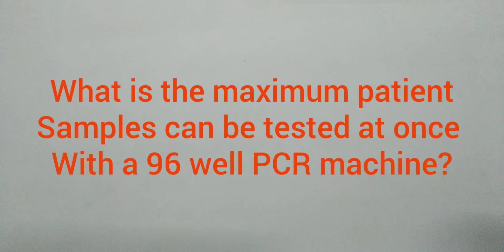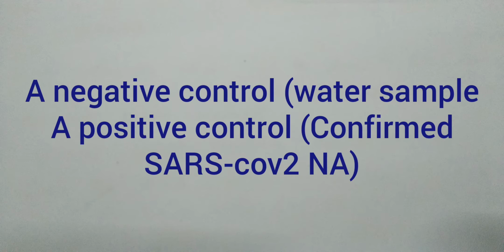What is the maximum number of patient samples that can be tested at once with a 96 well PCR machine? That means how many samples can be run at one time in a PCR machine which has 96 wells. So out of 96 wells, one well will be used for a negative control.